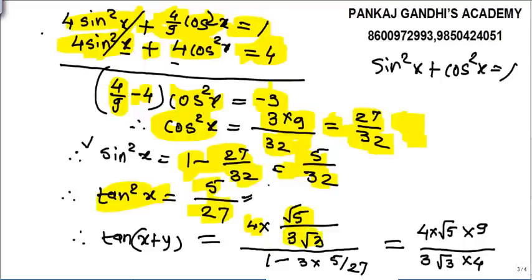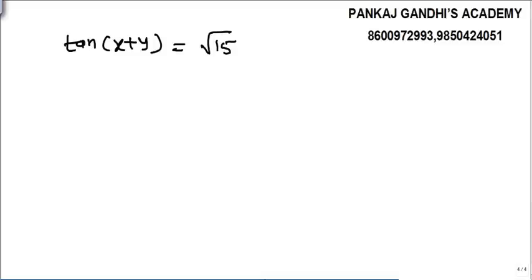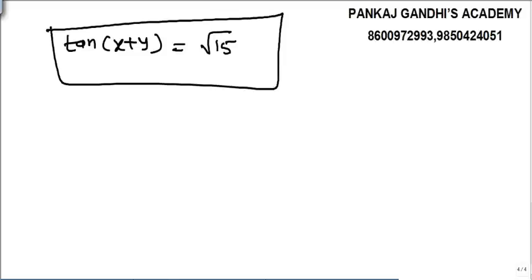Because we know that 27 I can write as 3 into root 3 under the root, and since tan square is there, that's why. So we have 3 root 3, 1 minus 3 into 5 by 27, which is equal to 4 into root 5 into 9 over 3 root 3 minus 4. So solving, we got the value 15. So tan of x plus y is equal to root 15. This is the answer.